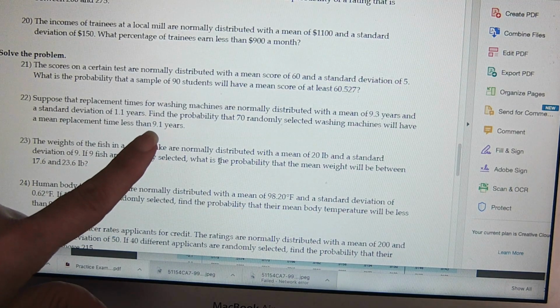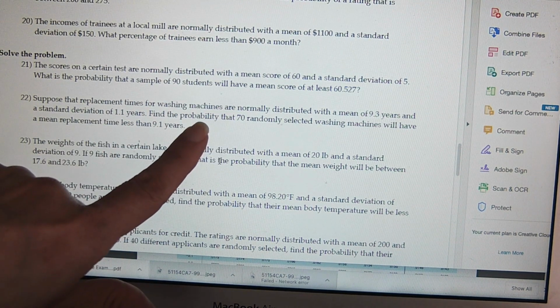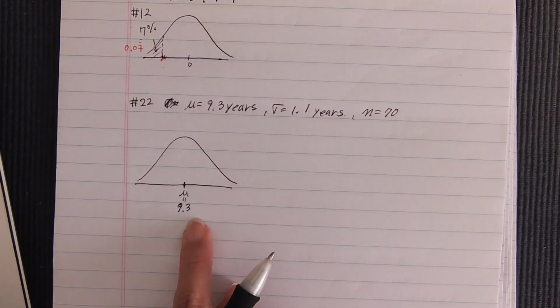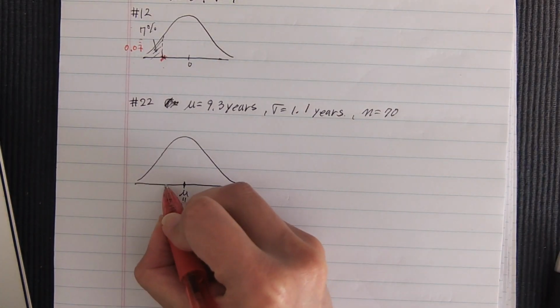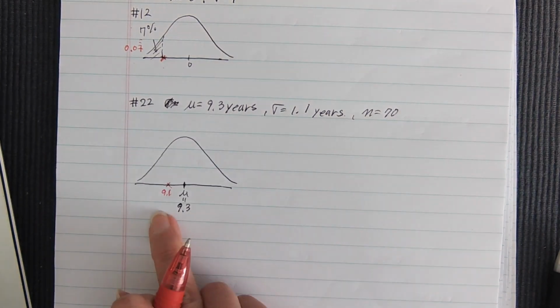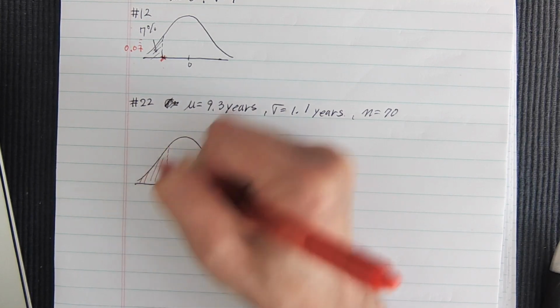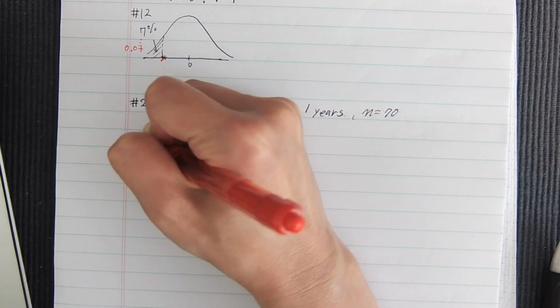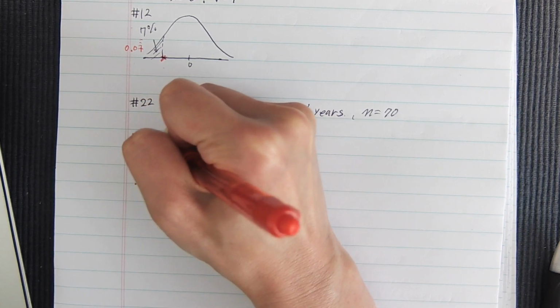I'm looking for the probability of less than 9.1 years. So here's my 9.3. Where's the 9.1? It should be here, something a little smaller than that. That's my area, which is the probability.